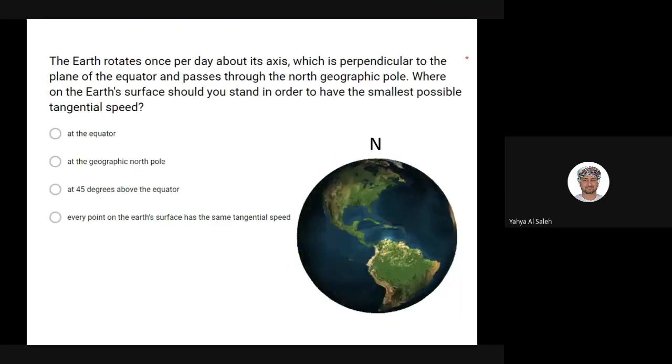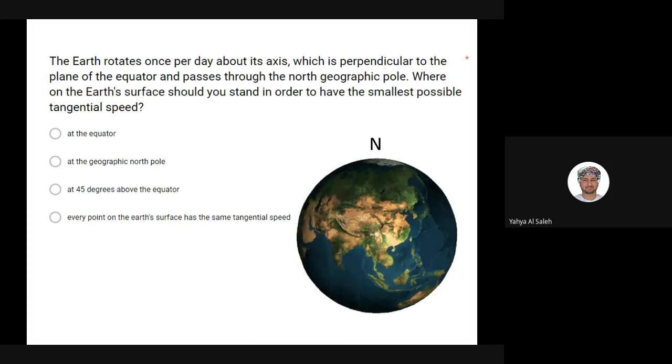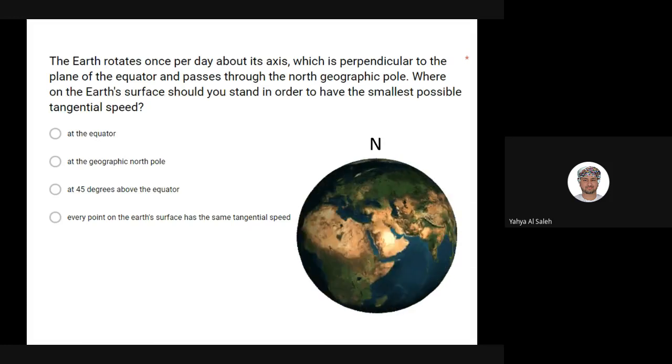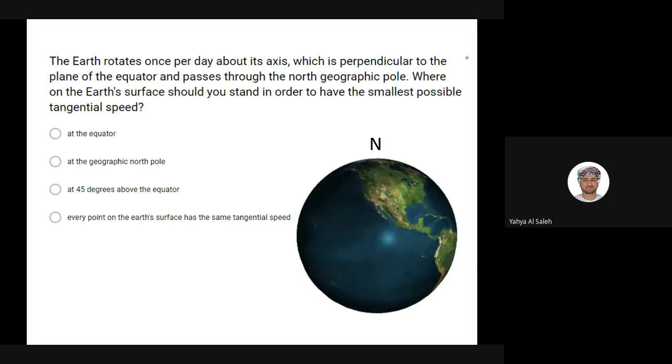The Earth rotates once per day about its axis, which is perpendicular to the plane of the equator and passes through the north geographic pole.